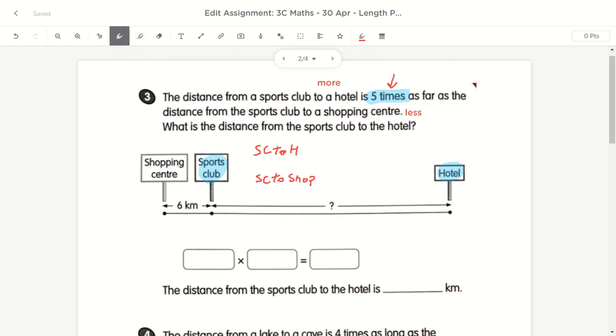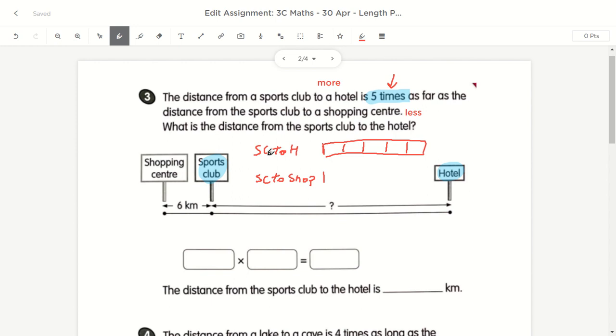So if I want to draw a model, let's start from the same place. Both are here. I'm going to draw a longer model for my hotel, sports club to hotel. It is 5 times as far, so I'm going to break it into 5 parts. 1 part, 2 part, 3 part, 4 part, 5 part.